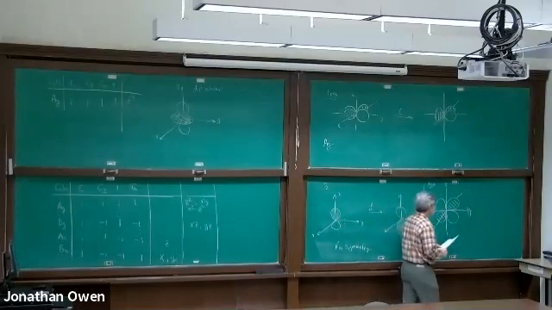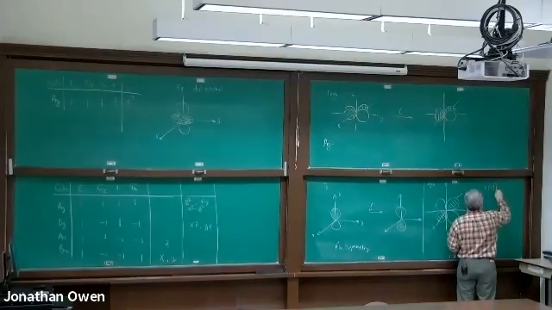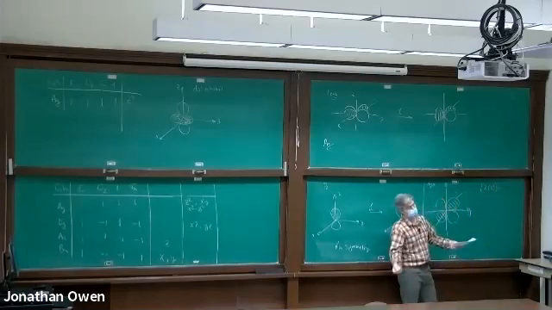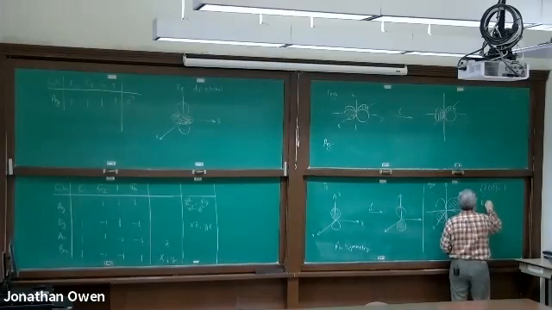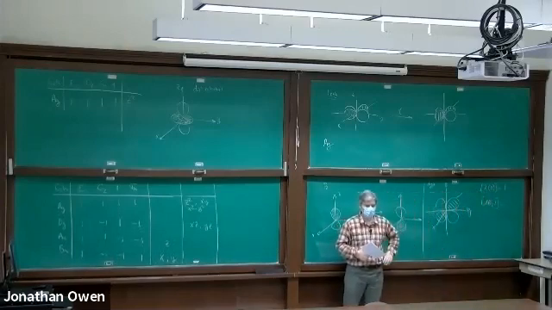All right, so let's do some characters here. The E operation does nothing, always going to be one. Let's do C2. -1. How many people like -1?